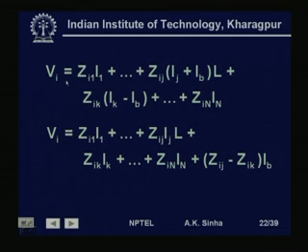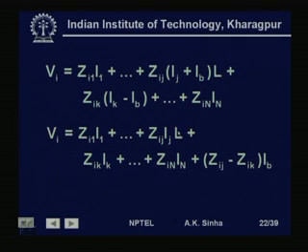So now we are writing the same expression here by taking the terms of Ib together outside. So we have Vi is equal to Zi1 into I1 plus up to Zij into Ij. Again this L is dot dot dot, it has been typed wrongly.